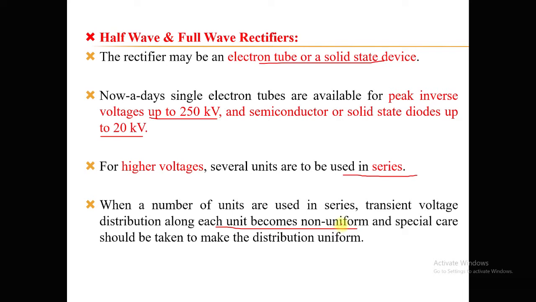So to prevent the damage against the non-uniform distribution of the transient voltage, special care needs to be taken to make the distribution uniform. We will see in the upcoming slides how protection can be given to the diodes which are connected in series to form the high voltage diode or solid state diode.